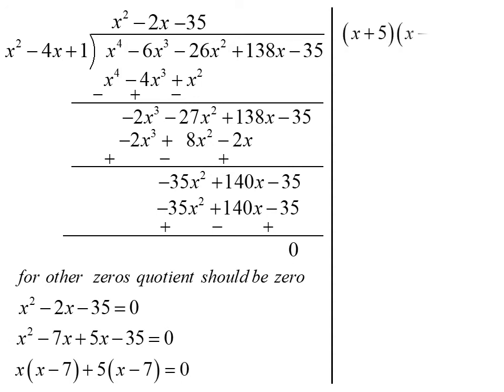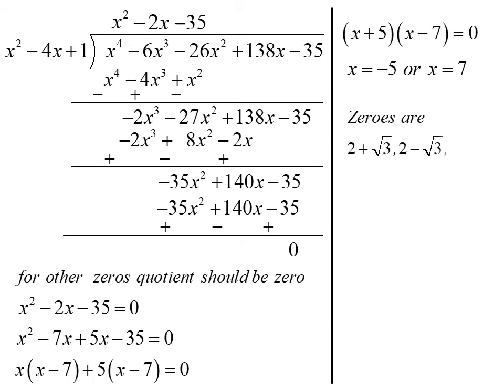So x plus 5 into x minus 7 equals 0. Therefore x equals minus 5 or x equals 7. So the zeros of the given polynomial are 2 plus root 3, 2 minus root 3, minus 5 and 7. These are the four zeros we required for the given polynomial.